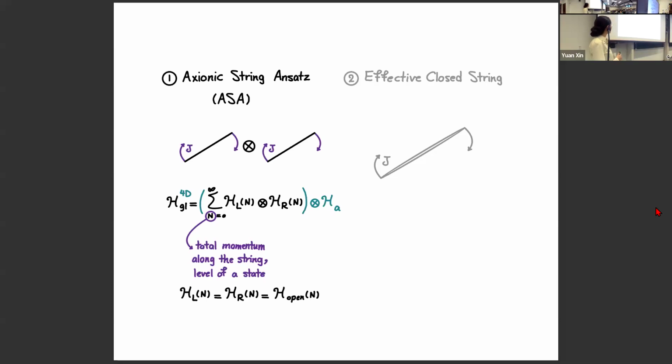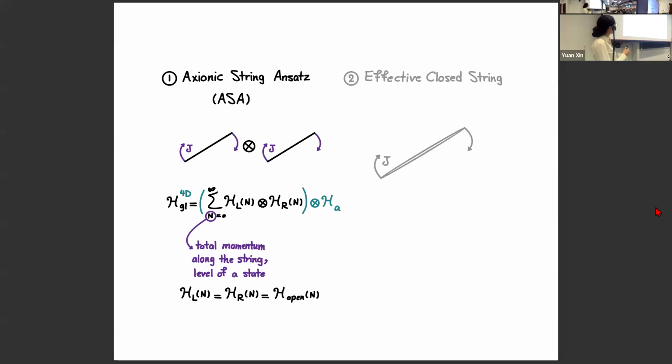For example, we have to calculate the multiplicity of one open string and then square it at each level. So the Hilbert space of the glueball will be the sum of different levels, and at each level it follows a squared tensor structure, assuming that the left moving and right moving Hilbert spaces are the same as the Hilbert space of one open string.